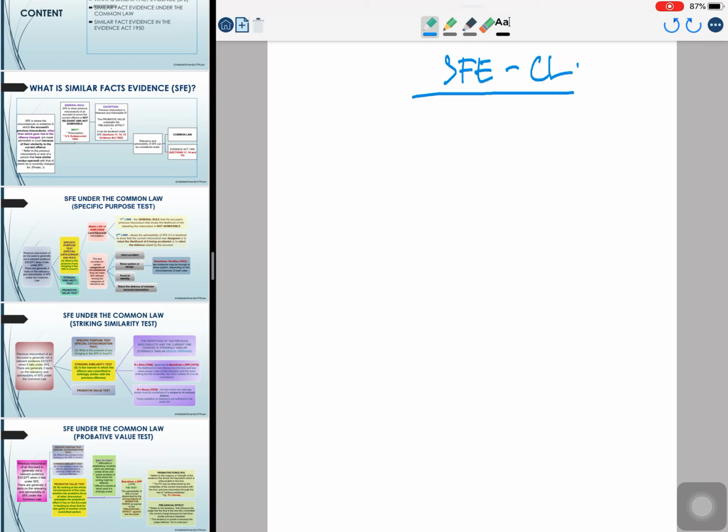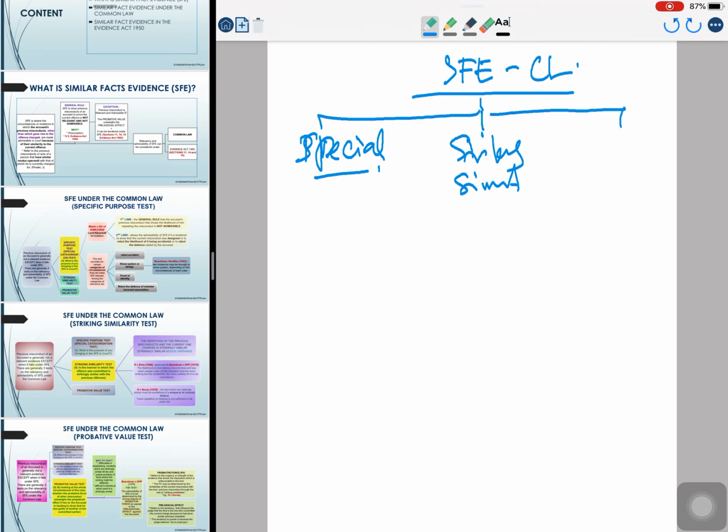The first approach, which allows for similar facts evidence to be tendered, is the special categorization test. The second approach to similar facts evidence is the striking similarity test.